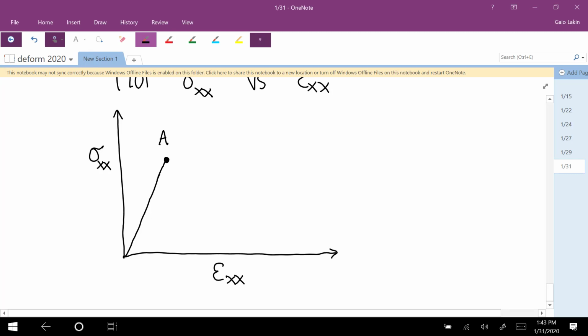And then after that, it stops being as linear. So it starts to do something like that. Then you get a little region like this, and then it starts getting stiffer again, and then here's where it fails.